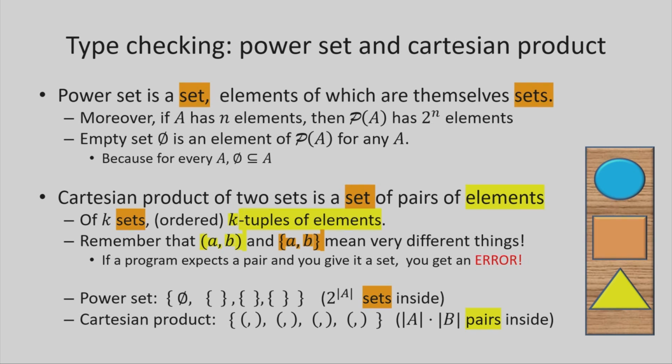Okay, so let's, as a sanity check, see how we could verify whether what we got as a power set and a Cartesian product is actually right. The power set is a set, the elements of which are also sets. It's a big box; you open it and you see a whole bunch of small boxes inside. You see nothing but boxes.